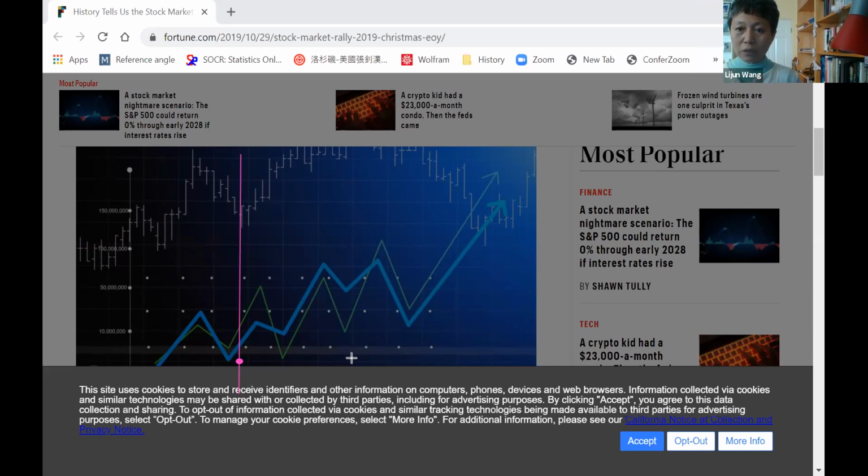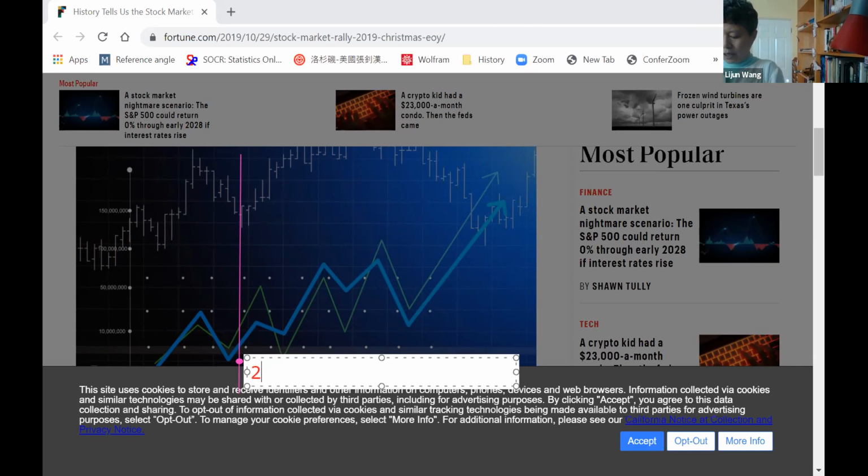When you're in calculus, you start with function, so you must know what a function is. A function is defined as such. Now look at this dot. Suppose this dot is 2018.